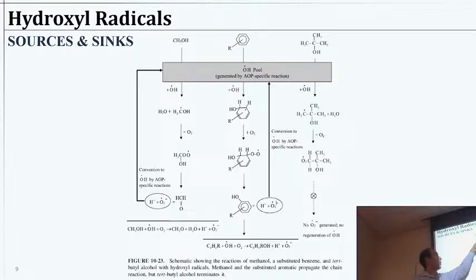So for methanol, we react here, we go through a few steps, and ultimately we are left with an H plus and a superoxide radical anion. That, depending on which AOP we're in, could actually convert back up into a hydroxyl radical.